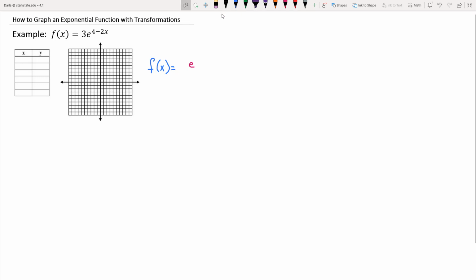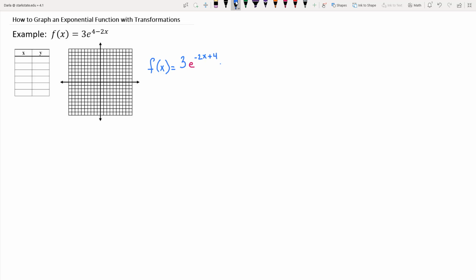So I'm going to rewrite that base with a different color just so I can see all my transformations in light of that. So e is multiplied by 3 and it's raised to the 4 minus 2x power. So I want to change the order of that so it says negative 2x plus 4 power.